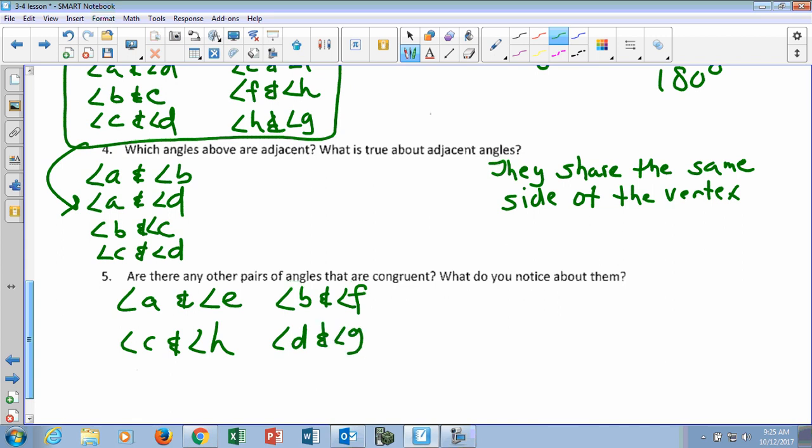So it says, what do you notice about them? So these are angles on the same side of the transversal.